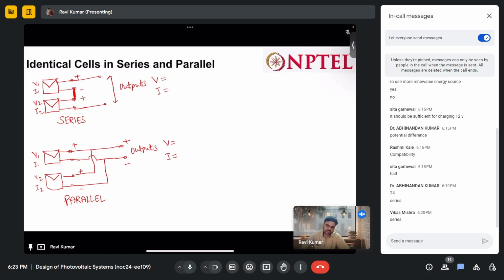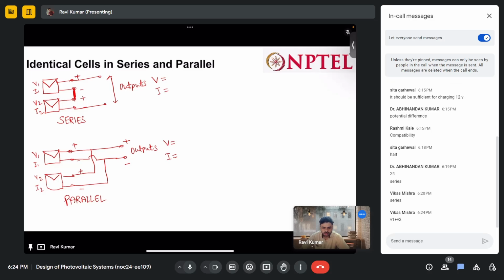For the series case, what will be the output voltage? Yes, because it will be V1 plus V2. And the current?